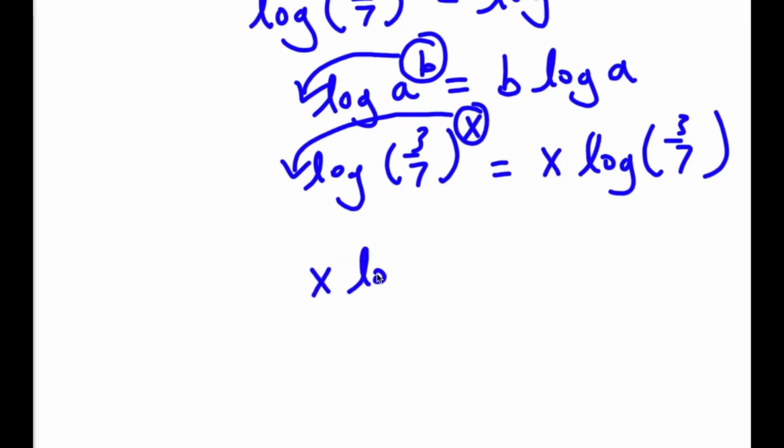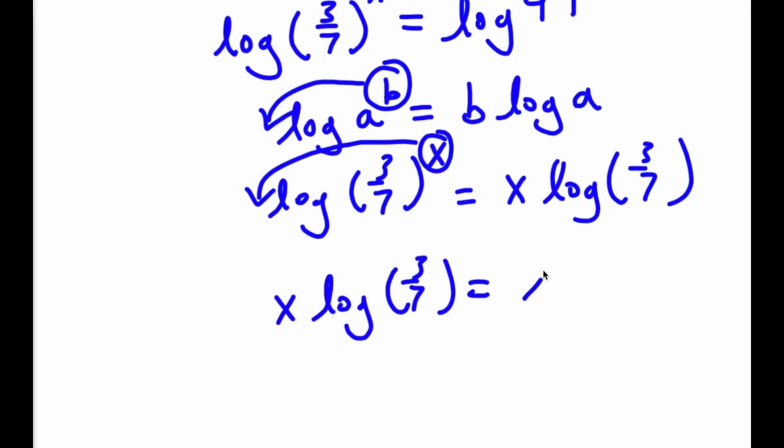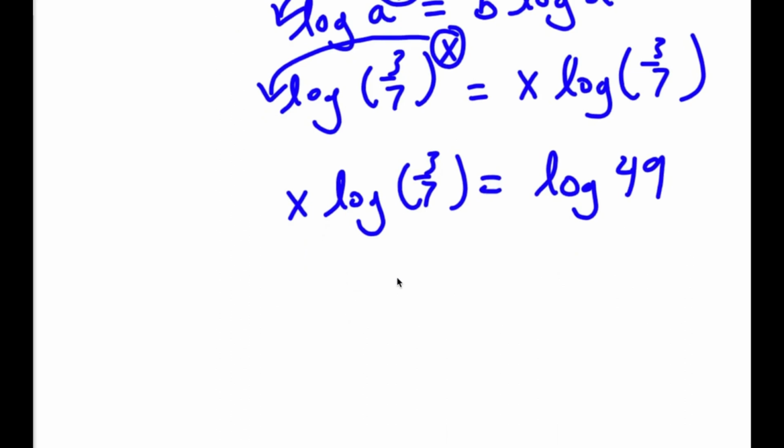So now I have x times log 3 over 7 is equal to log 49. So now I can divide both sides by log 3 over 7.